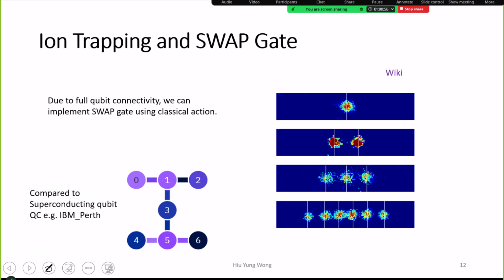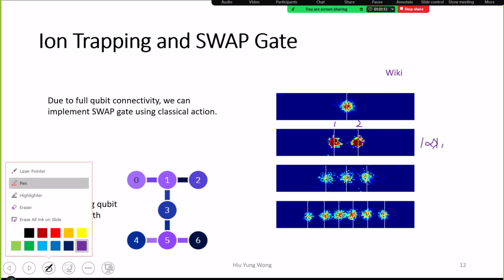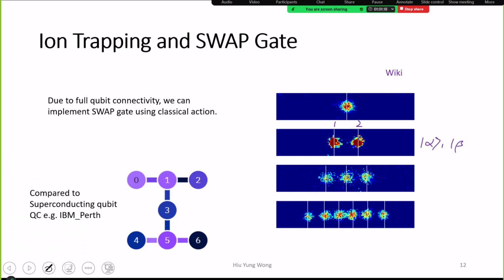Because if this is called 1, this is 2, then the state of this 2-qubit system is alpha 1, beta 2 in general. Make sense? So I just swap physically.